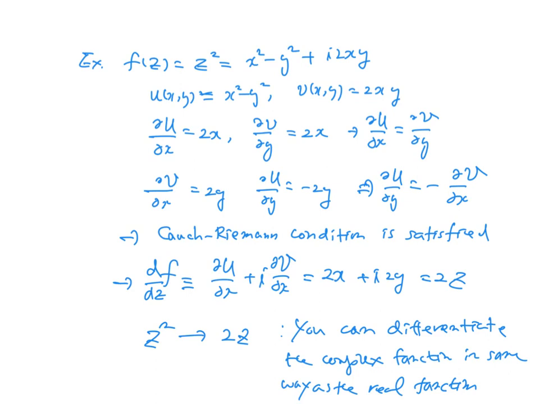So at this stage, I can give you some more homework, like z square, z cube. Can I move on? Okay, so this part is homework. f(z) is z square, z cube.